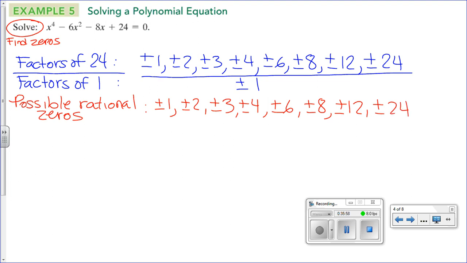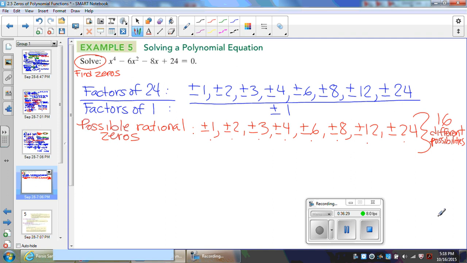So here we actually have a total of 1, 2, 3, 4, 5, 6, 7, 8, but we have to consider positive and negatives. So we have a total of 16 different possibilities. So it wouldn't be fair for me to ask you to test all those 16 numbers. So of course you could use your graphing calculator for a good purpose.